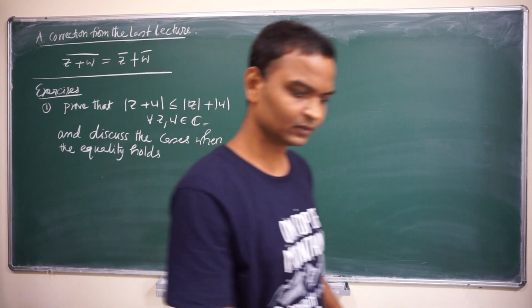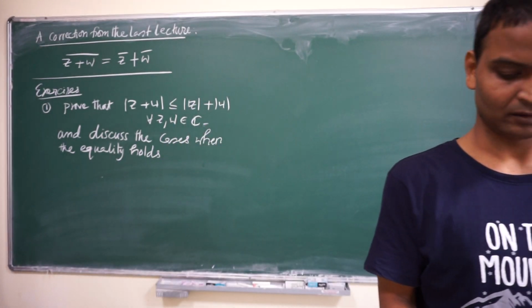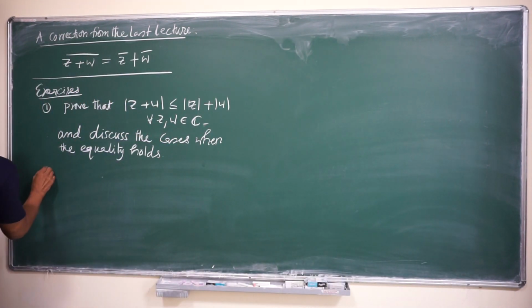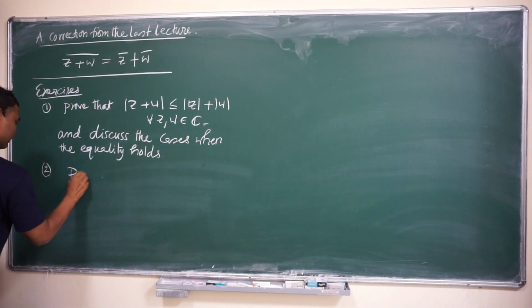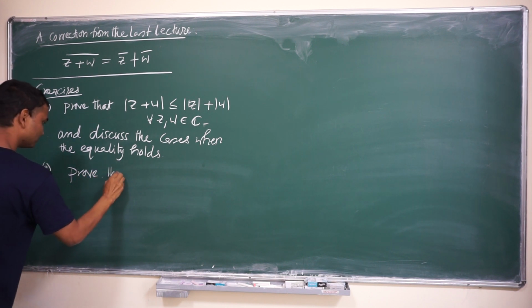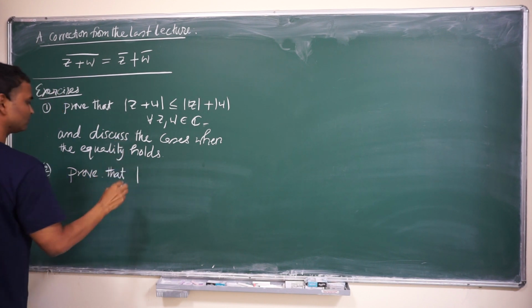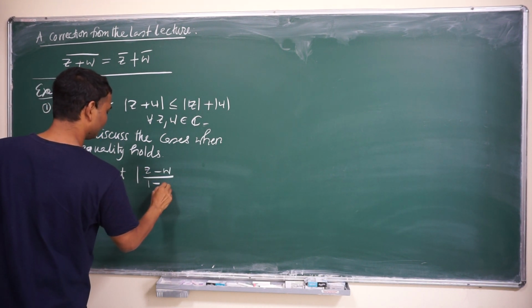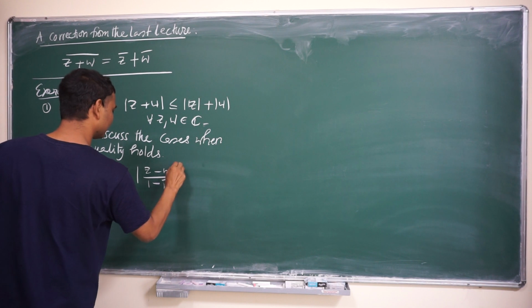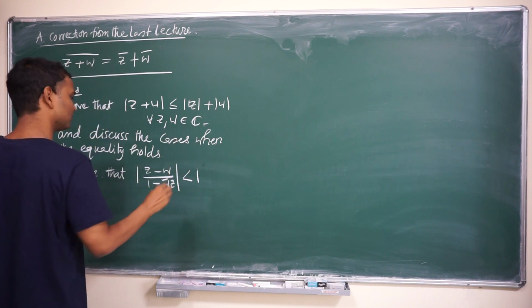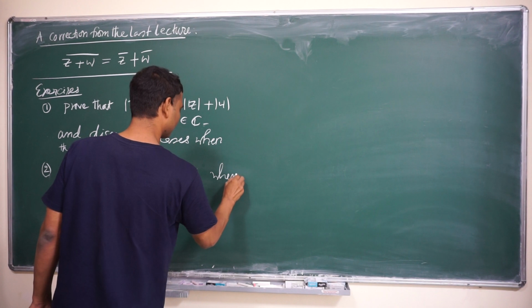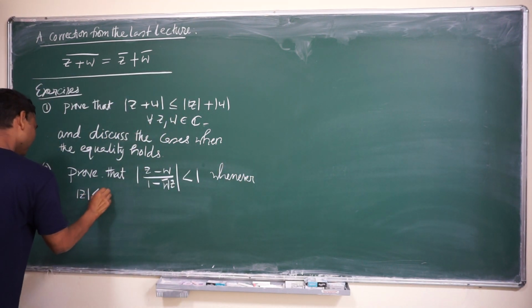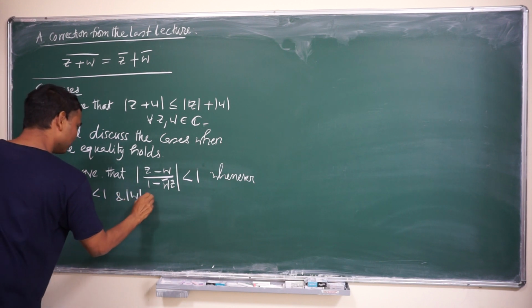Alright. Now, one more exercise. Prove that mod of z minus w by 1 minus w bar z is less than 1 whenever mod z is less than 1 and mod w is less than 1.